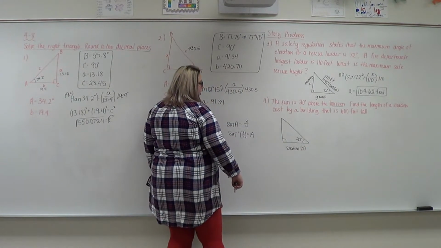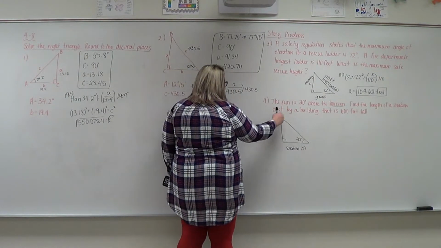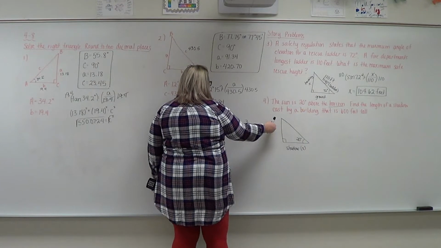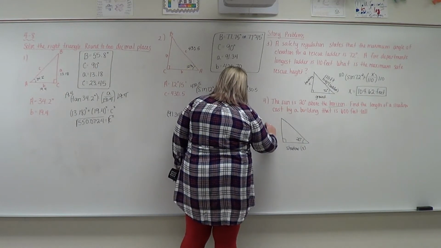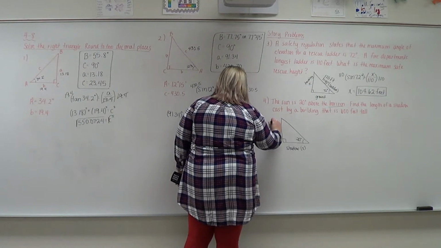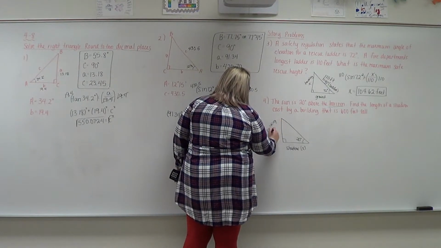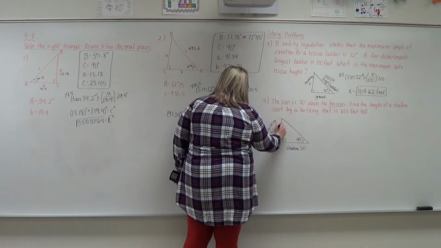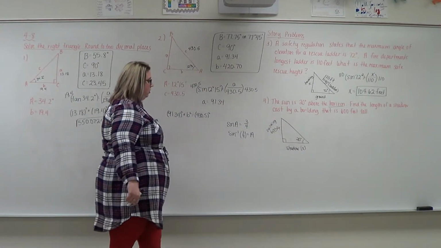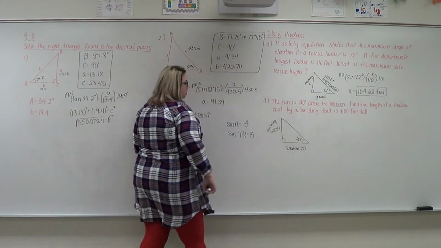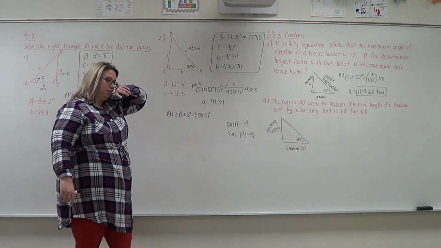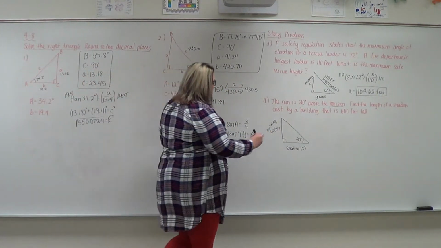And I know my building is 600 feet tall, so is that the hypotenuse, or is that the one up and down? Up and down, good. So the building is 600 feet. Okay, so I have my angle, adjacent and opposite. Tangent.